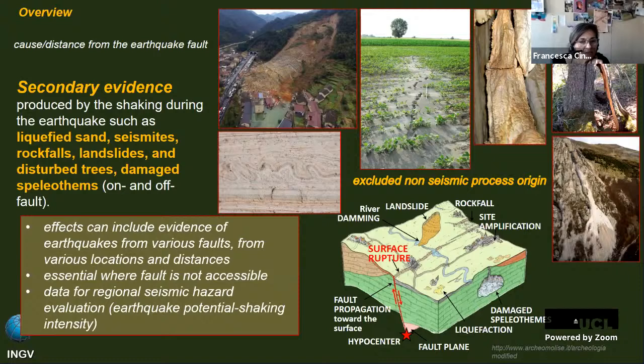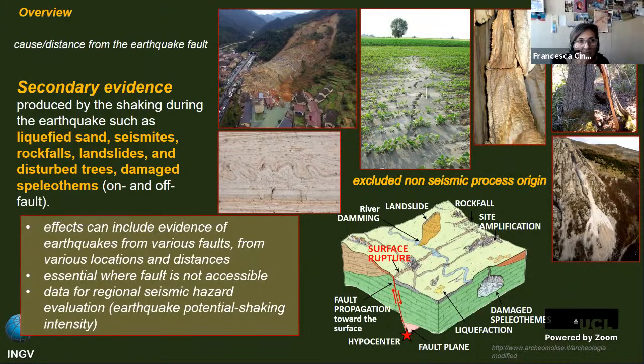But with respect to the primary evidence, these effects can include evidence of earthquakes from various faults, from various locations and distances. So it's really difficult to associate this to the causative fault. But this is not negative. I'm really a fan of secondary evidence because these are essential where the fault is not accessible.